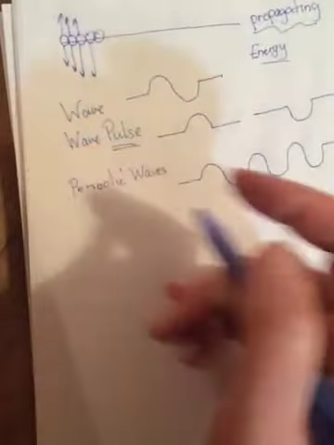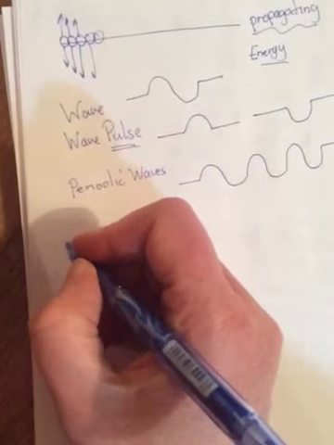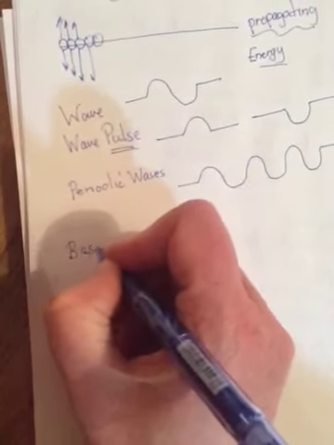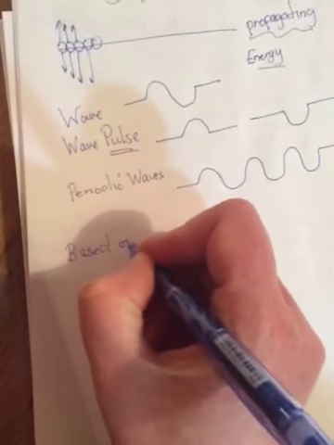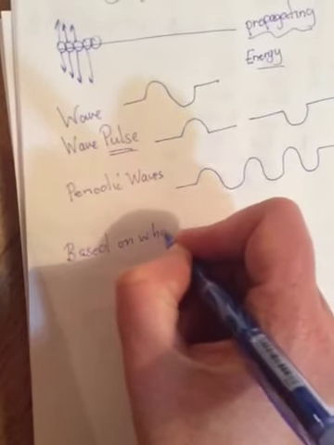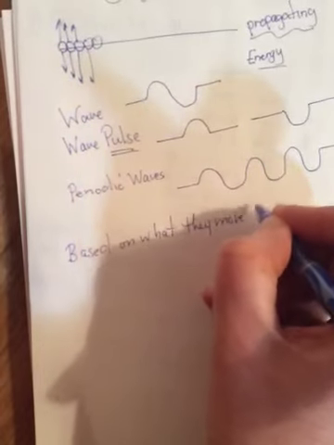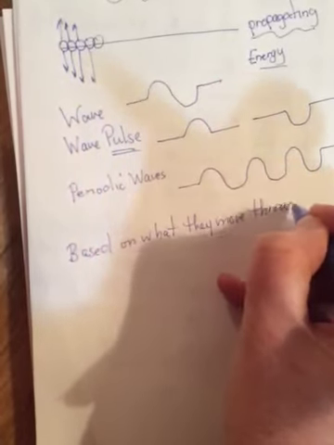So the first one has two major wave types based on what they move through. Okay?